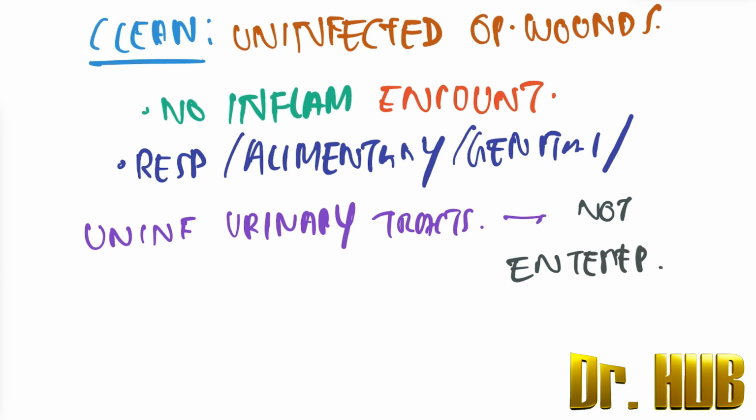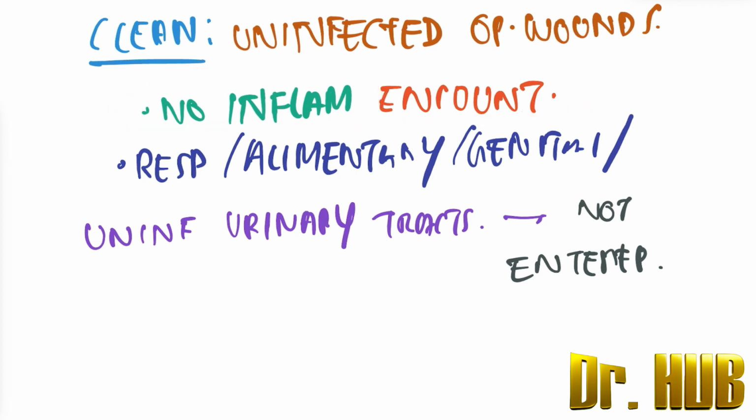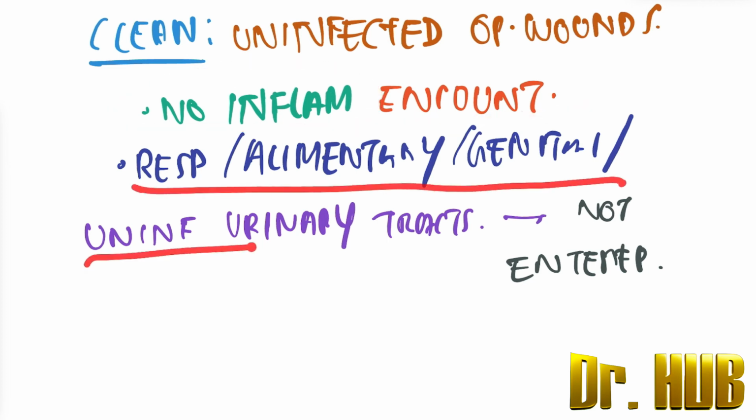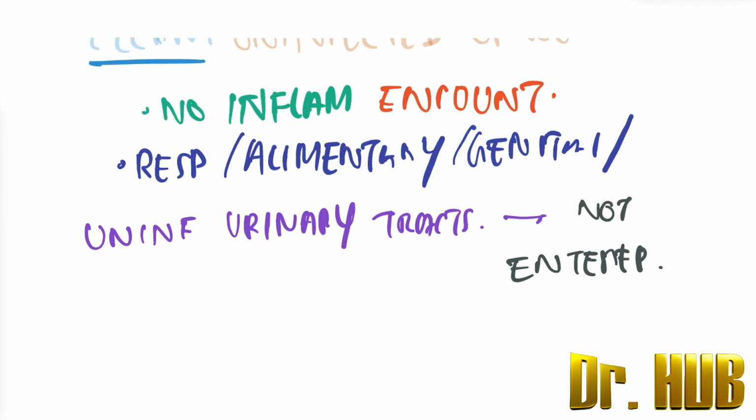So to recap, they are nothing but the uninfected operative wounds in which no inflammation is encountered, and the respiratory, alimentary, genital, and urinary tracts are not entered. This is what is meant by clean.